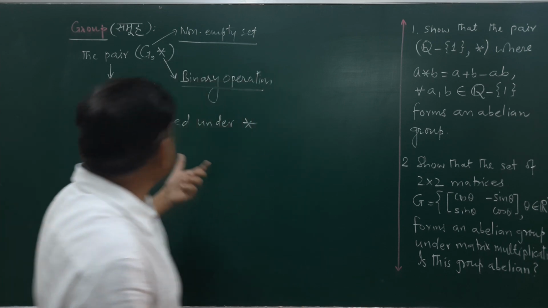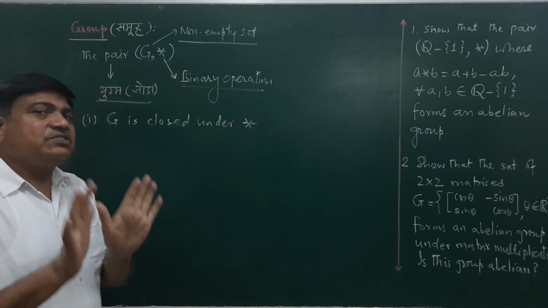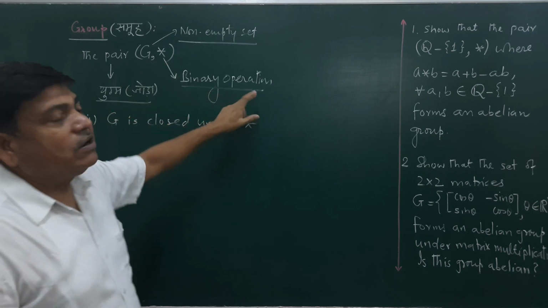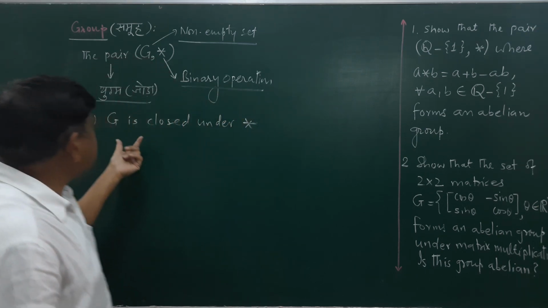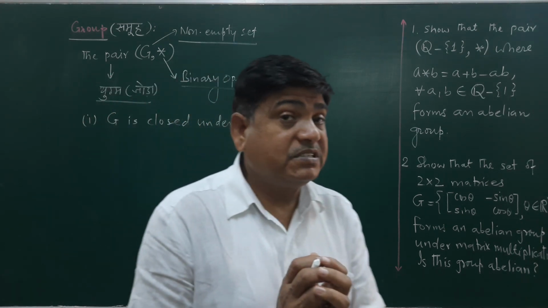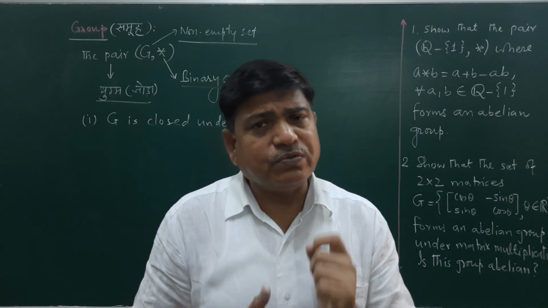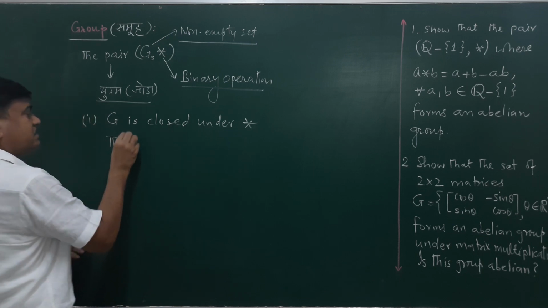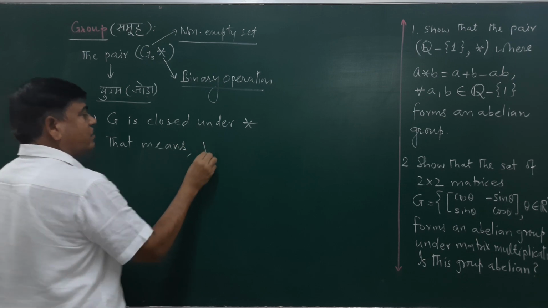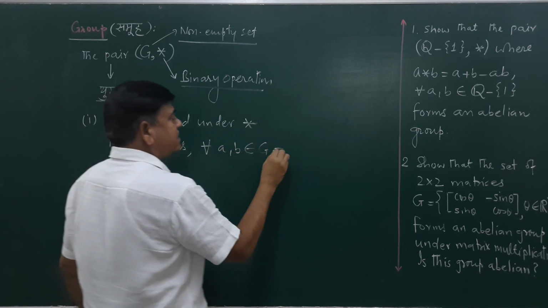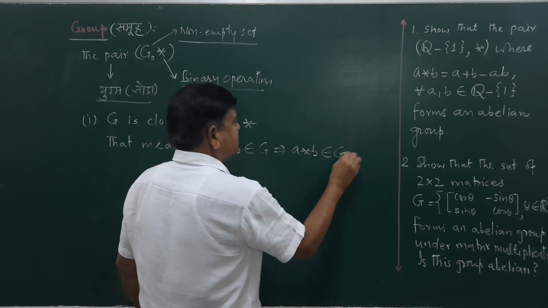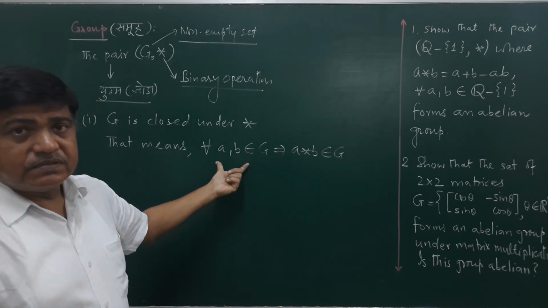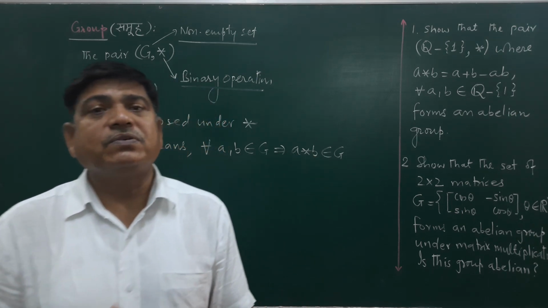Generally, we do not use this one because it is already mentioned that G is a non-empty set with binary operation. इसका मतलब ही ये है कि जी जो है वो क्लोज्ड है, लेकिन फिर भी हम इसे प्रूव करते हैं, हम इसे लिखते हैं हम अपनी सुविधा के लिए. सो जी इज क्लोज्ड अंडर दिस, दैट मीन्स फॉर ऑल a, b belongs to G implies a star b belongs to G. G के सारे अवयवों के लिए कंपोज्ड पार्ट भी उस G का मेंबर होना चाहिए.